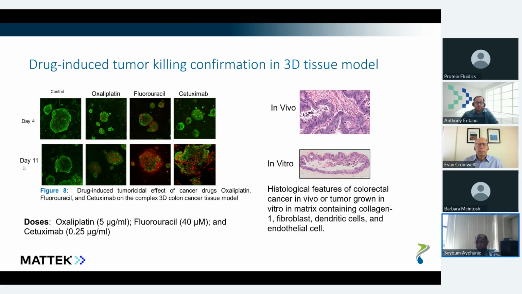And as you can see, cetuximab also shows by day 11 a cell death at lower concentration, which is 0.25 microgram per ml. That indicates that the primary tumors can be more sensitive to these drugs, and you can predict correctly what the human responses are going to be for this type of drugs. Next slide, please.